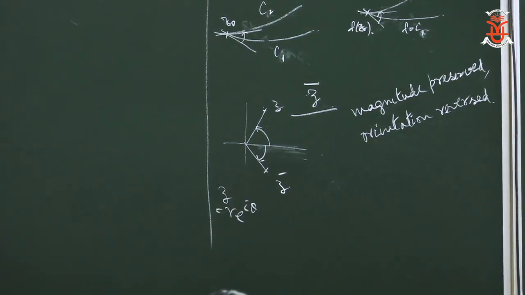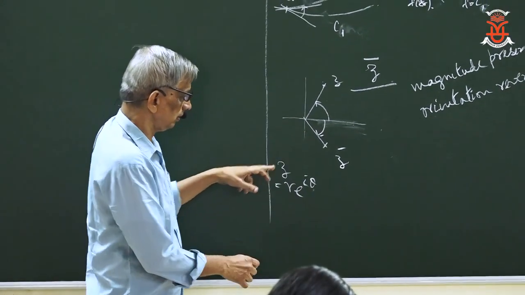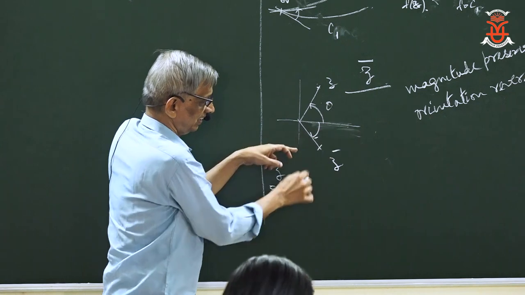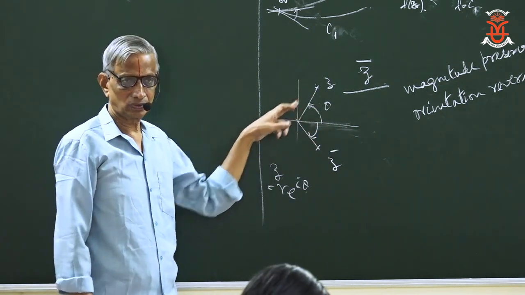Theta, of course, is determined up to a multiple of 2 pi. You take the principal values. So this is the angle made. So this is your angle theta here, between the real axis and this line Oz.